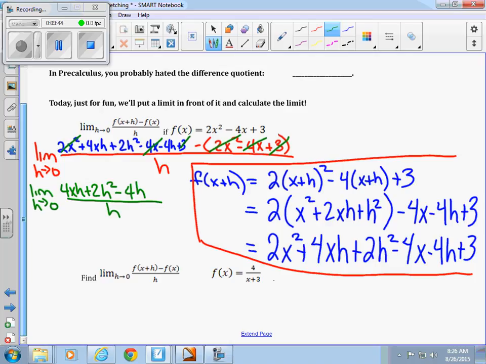So now let's talk limits for a moment. How would I do this limit? What's the first thing I try? Substitution. Plug in 0. What would I get? 0 over 0, which means, good call, more work to do.